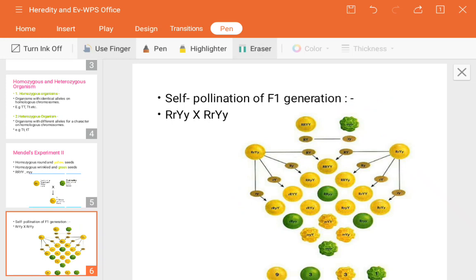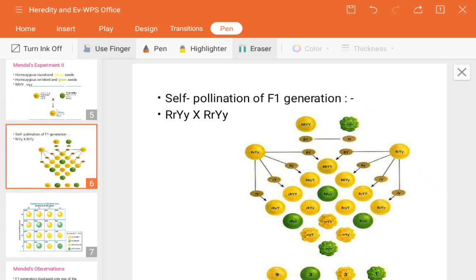The next 3 were the round green, 3 were the wrinkled yellow, and only one character was there, wrinkled green. Okay, so these were the results Mendel got when he self-pollinated the F1 generation. So now, what was his observation?